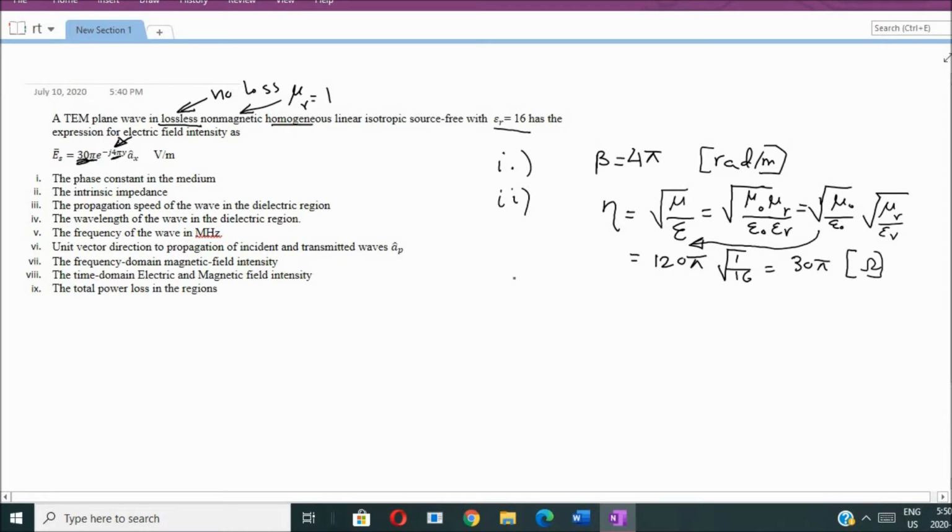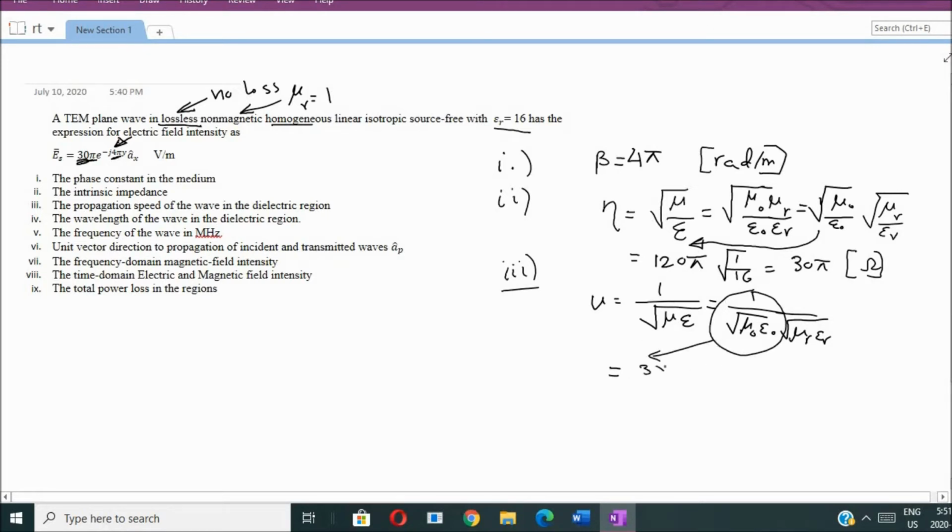Then find the propagation speed of the wave in the medium. The propagation speed is u, and u is 1 over the square root of mu times epsilon. Write it as 1 over the square root of mu naught epsilon naught, times 1 over the square root of mu r epsilon r. 1 over the square root of mu naught epsilon naught is the speed of light, 3 times 10 to the power 8 meters per second.